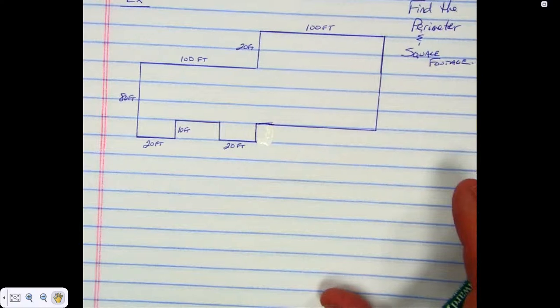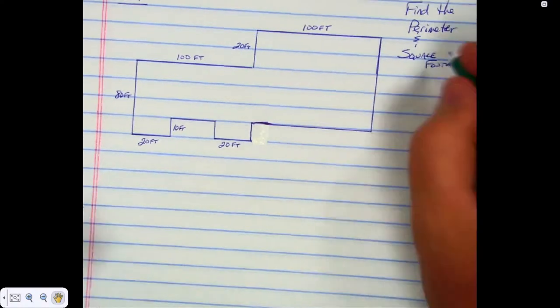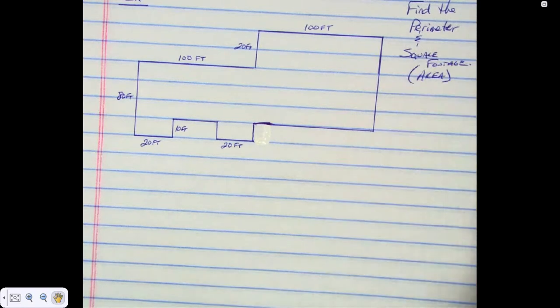Find the perimeter and square footage. What is square footage? The area.